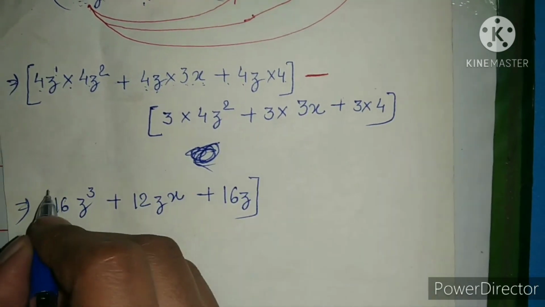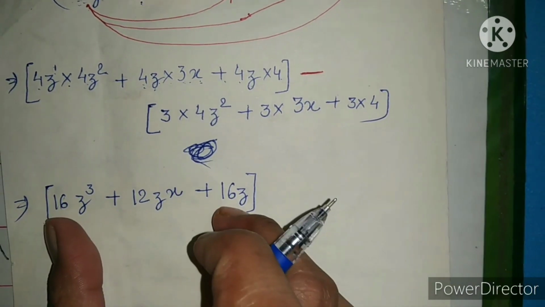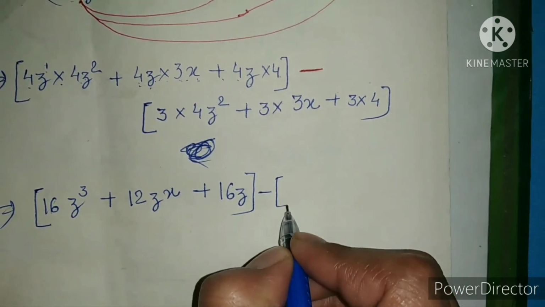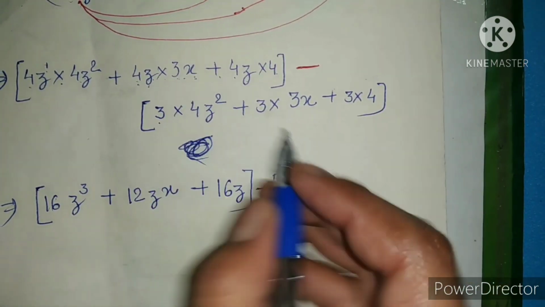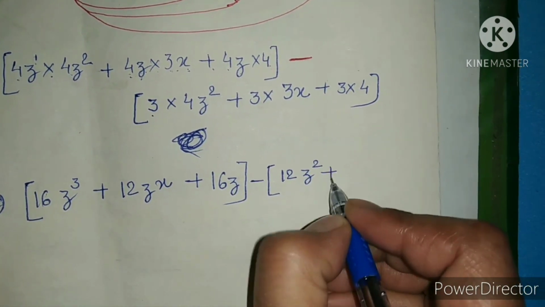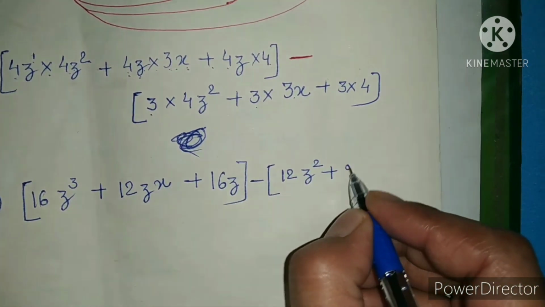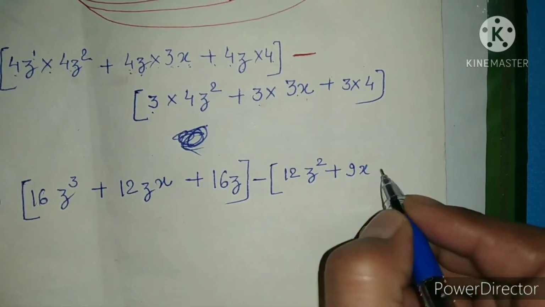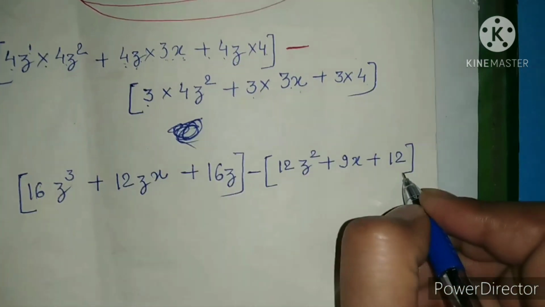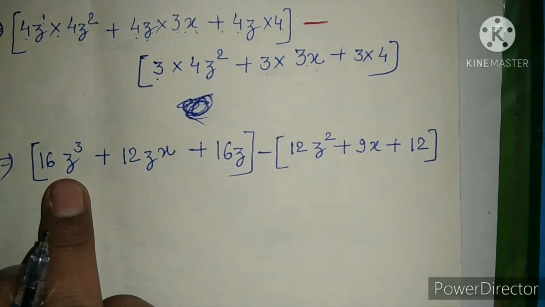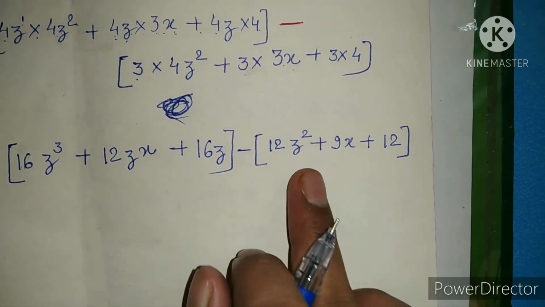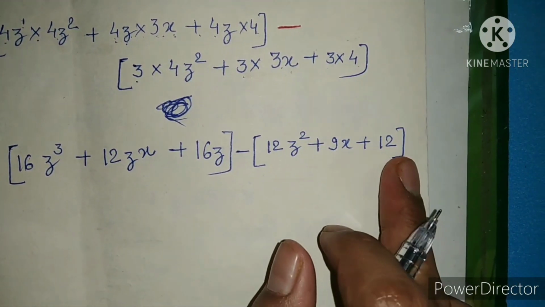This is the first bracket, so they will come inside the bracket. Now what is the symbol? Minus symbol. It will come as it is. 3 4s are 12 z square plus 3 3s are 9x plus 3 4s are 12. Now here we have z cube, zx, z square, x, 12.